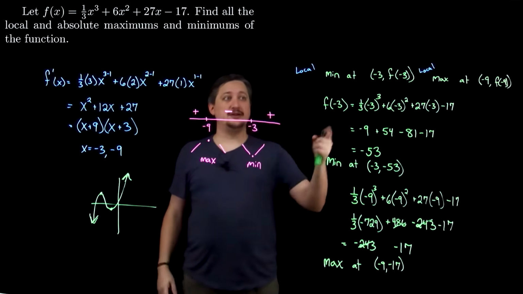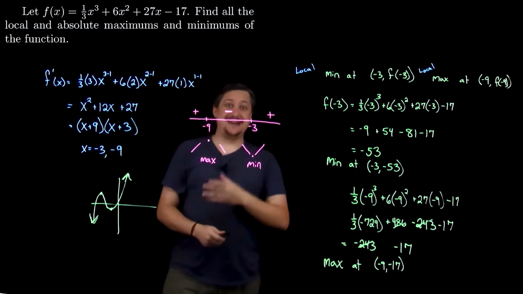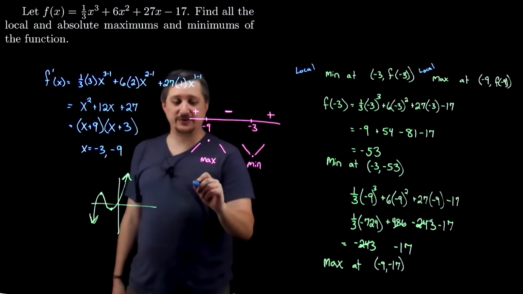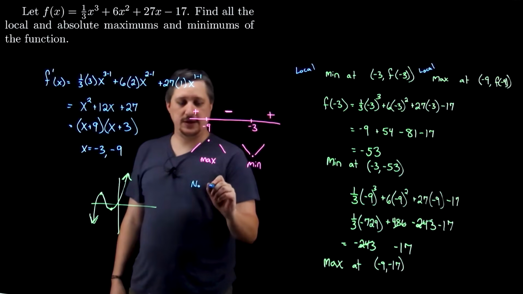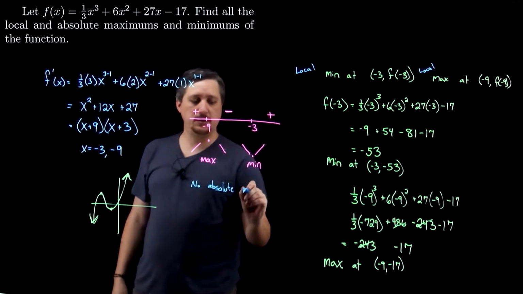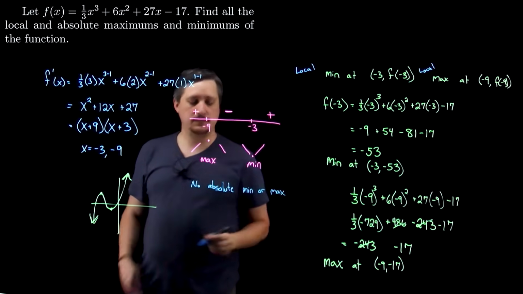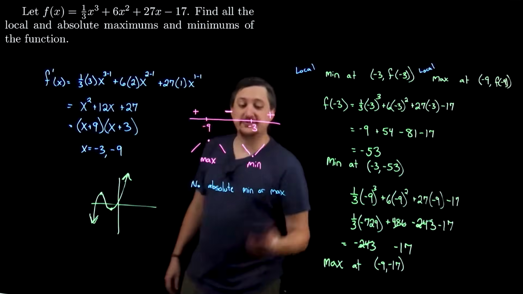So we found the local min and local max, but we could have said this before we did anything: there is no absolute or global min or max. Okay? So this is a nice thing for polynomials.